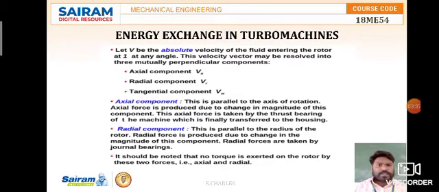Now, let V be, first and foremost, when water comes and hits the turbine blade, the velocity V, which is the absolute velocity of the fluid entering the rotor at 1 at any angle. Since it is at entry, it is called V1. V1 is the absolute velocity at inlet.